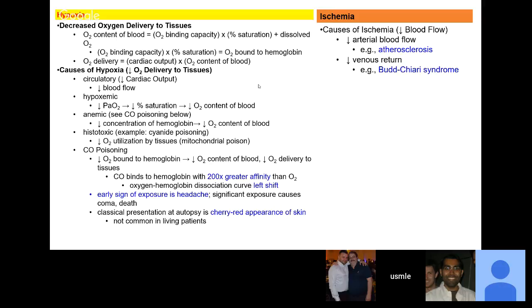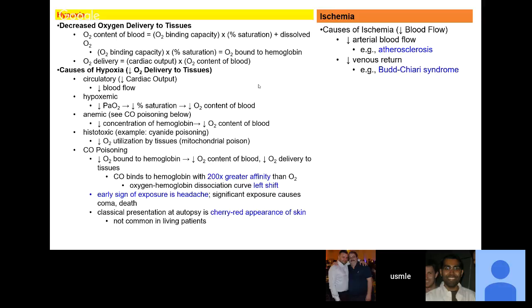Remember, ischemia leads you to atrophy, while total ischemia and obstruction can lead you to necrosis, needs to be acute. So decreased cardiac output will decrease blood flow. If you have decreased blood flow, you don't have much oxygen going. The arterial pressure in hypoxemia, for example, is one of them, which decreases the oxygen content in the blood.